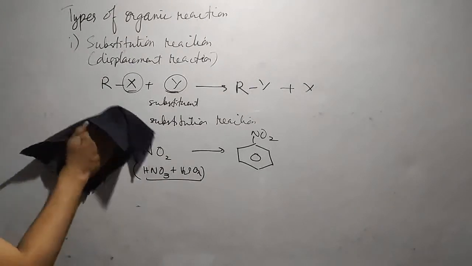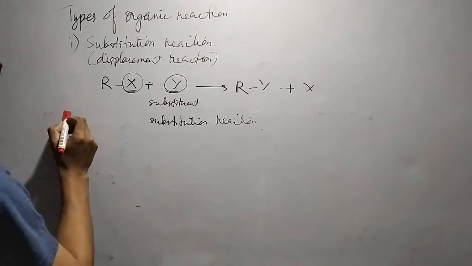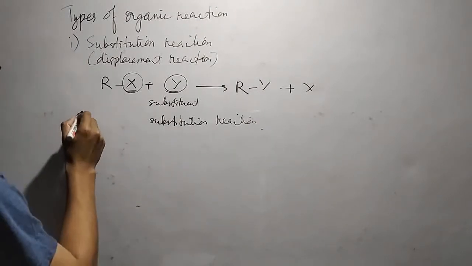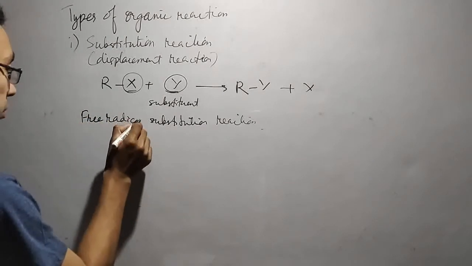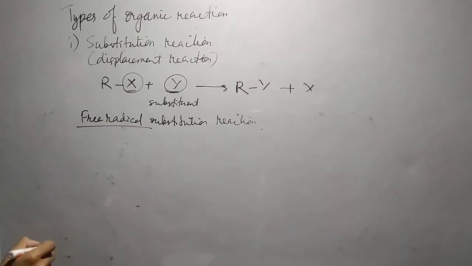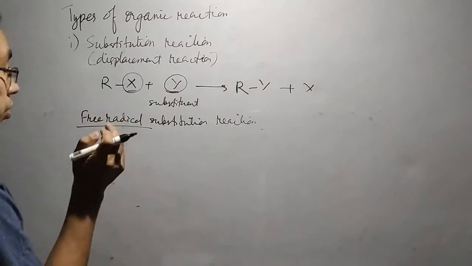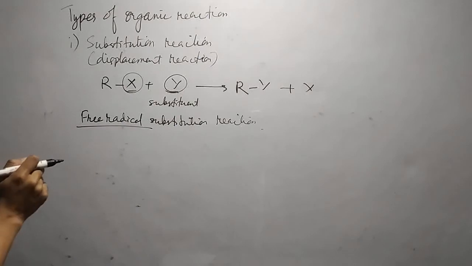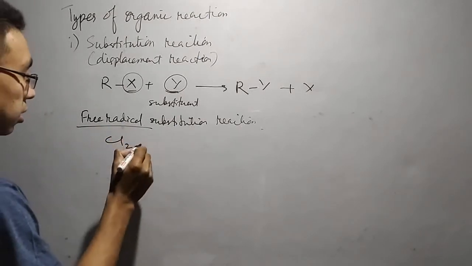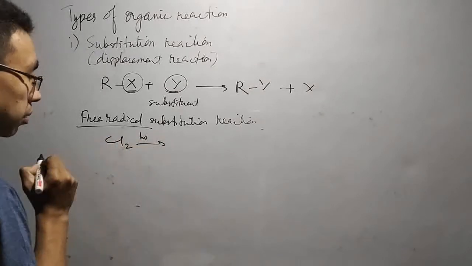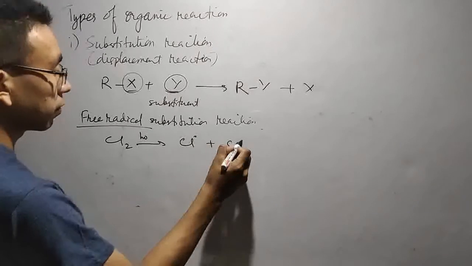Now next, there is another type, that is free radical substitution. Here, free radicals are substituted. Free radical substitution takes place only in the presence of light. For example, in the presence of light, it gives Cl free radical plus Cl free radical.